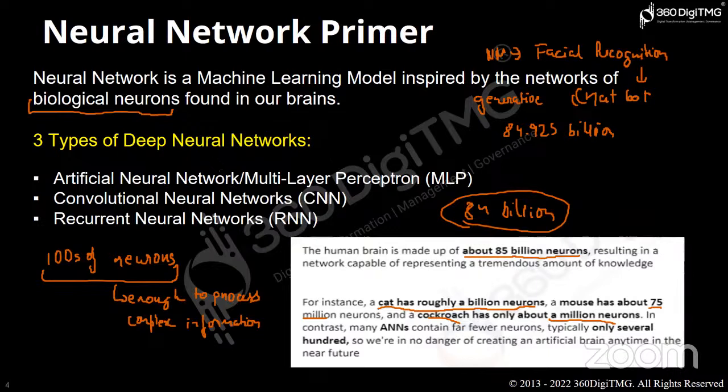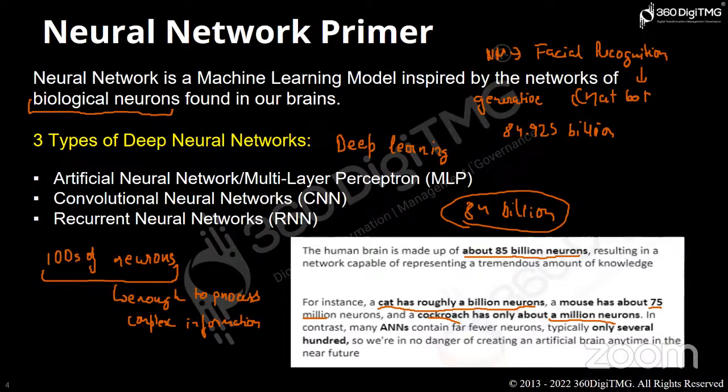Now, neural networks are part of deep learning. Okay, so far we have taken a look at machine learning. Now, deep learning and machine learning are both subsets of data science and AI. All right, AI is the master of it all. Then you have data science, machine learning, and deep learning. Okay. So deep neural networks are part of deep learning. Okay.